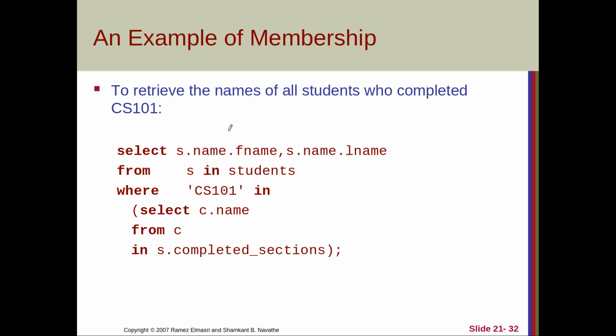Now you can see one example of membership: to retrieve the names of all students who completed CS101. Select s.name.fname, so name is a further struct complex type, so s.name.fname, comma s.name.lname, this is also possible, from s in students, where CS101 in, then it is just like a nested query: select c.name from c in s.completed_sessions.